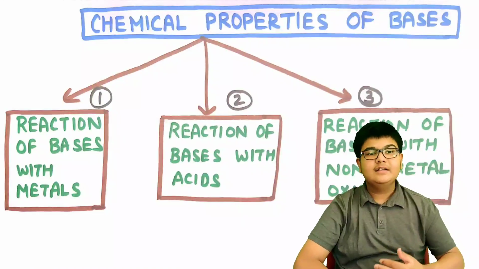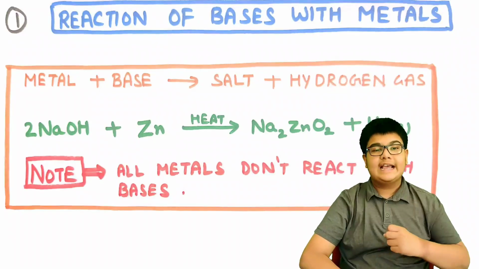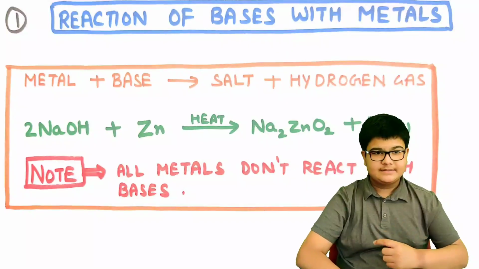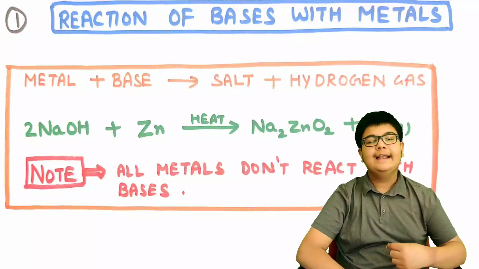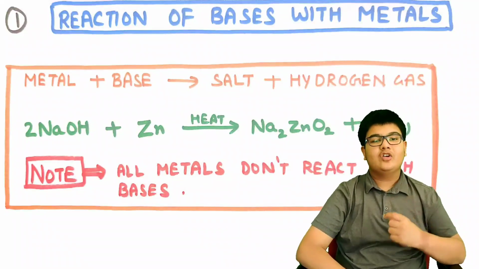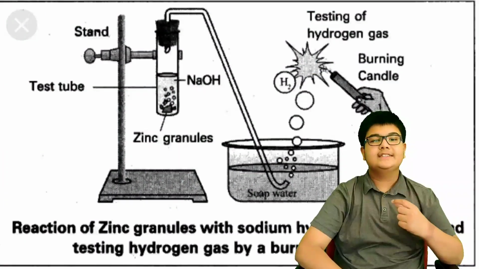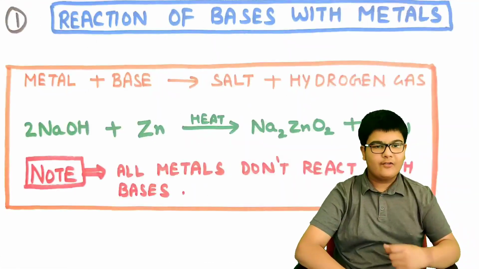So now let us see the chemical properties of bases. First is reaction of bases with metals. So metal plus base results in formation of salt and hydrogen gas. For example, when sodium hydroxide solution is heated with zinc, then sodium zincate and bubbles of hydrogen gas are formed.